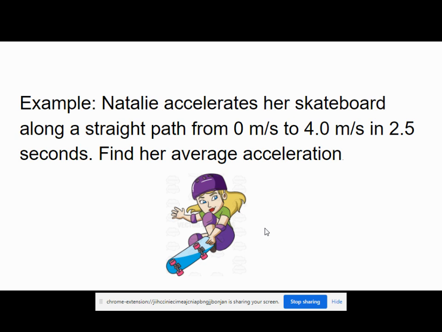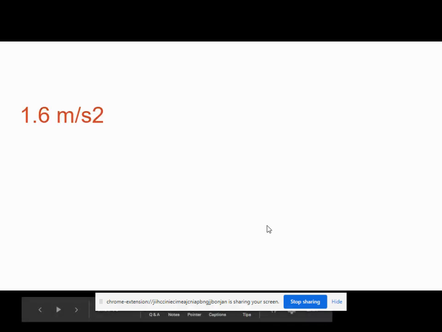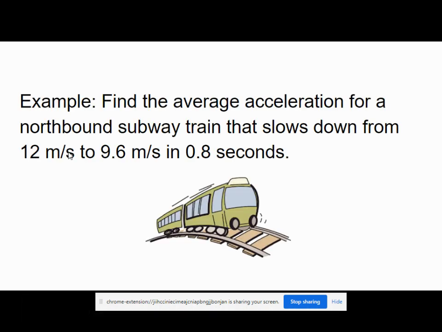If you would like to use the triangle method, you are more than welcome to. So 4 divided by 2.5 is going to give us an average of 1.6 meters per second squared. That is the rate at which she is increasing her speed over that duration of time.